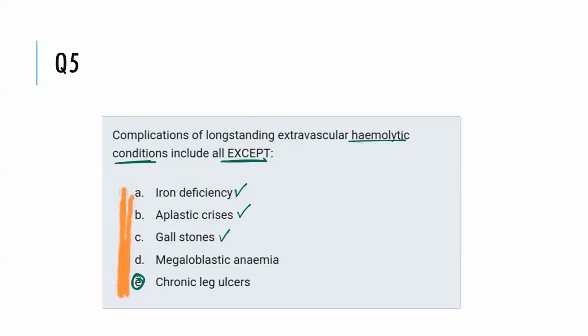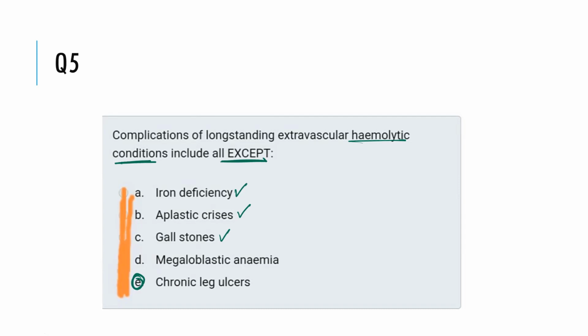Complications of long-standing extravascular hemolytic conditions include all the following except. So we know that in extravascular hemolytic conditions, the red blood cells are degraded so fast. So we'll have a problem with iron deficiency. And also because the blood cells are being degraded so fast, we are likely to have an aplastic crisis, whereby we are lacking red blood cells, and therefore we'll be having low levels of Hb as well.